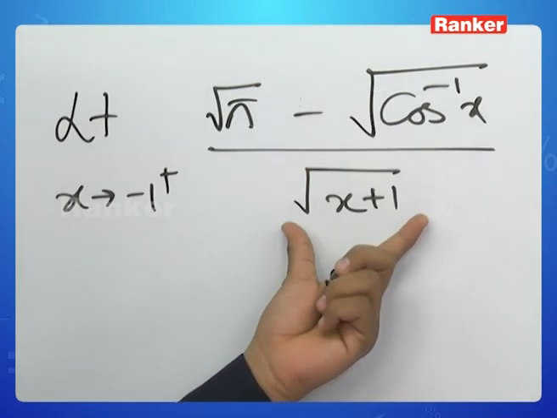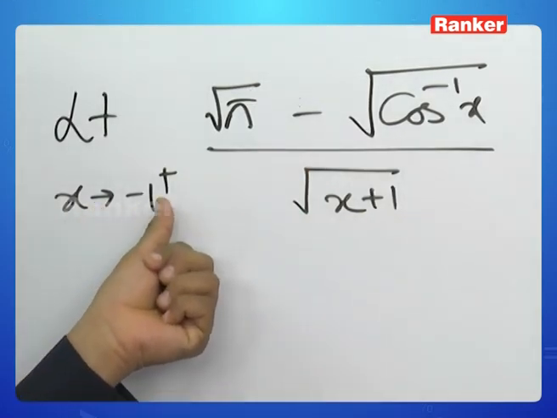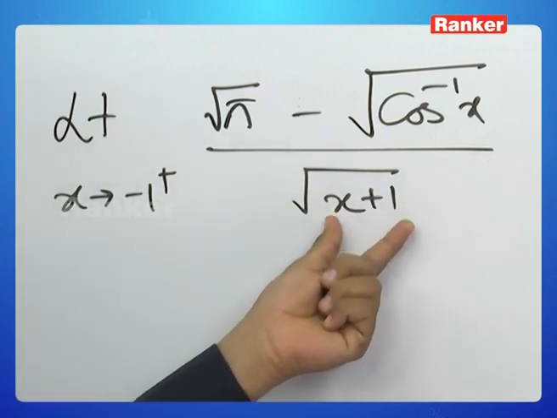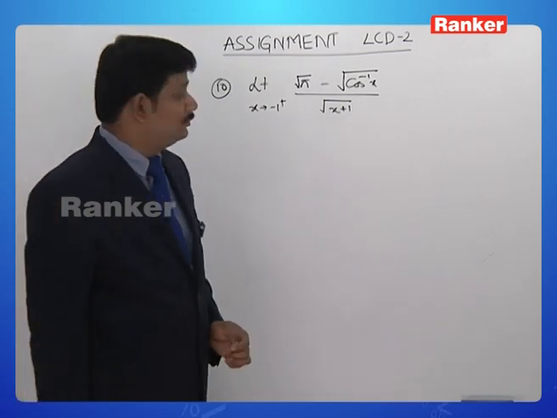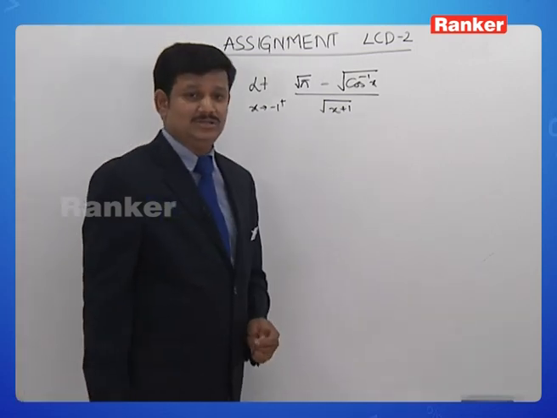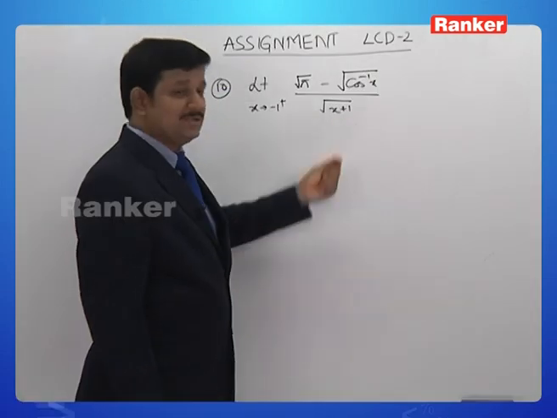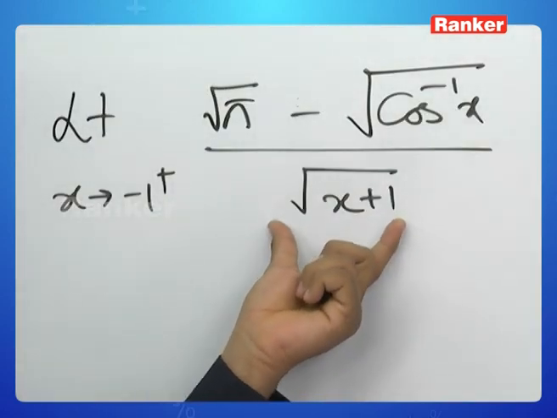So there is no problem with the domain of this. Had it been limit x tending to minus 1 minus, x plus 1 would be 0 but slightly less than 0, and because the quantity under root cannot be less than 0, answer would be does not exist. But here as x tends to minus 1 plus, we have x plus 1 to be slightly greater than 0, so there is no problem with the domain of the definition.